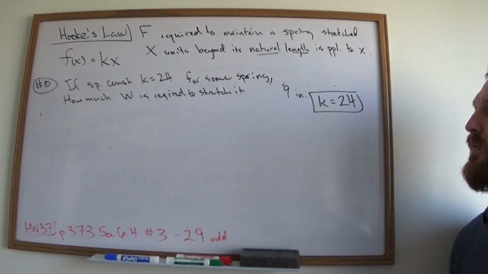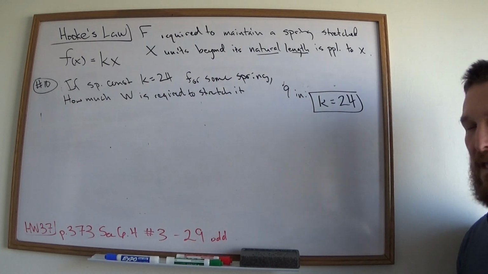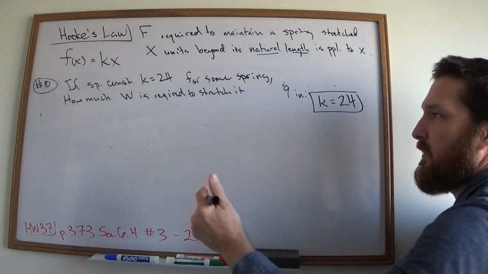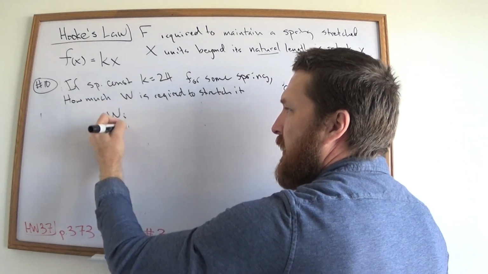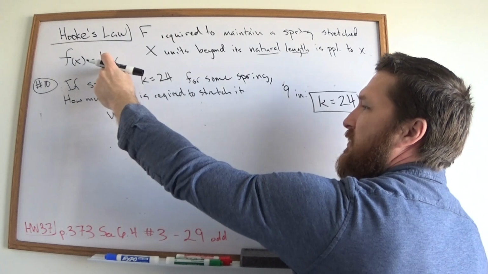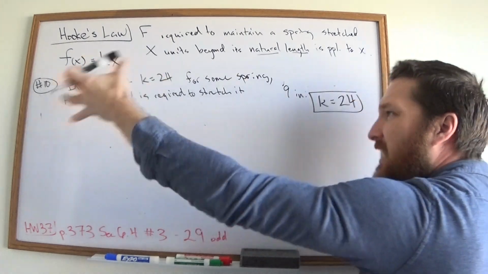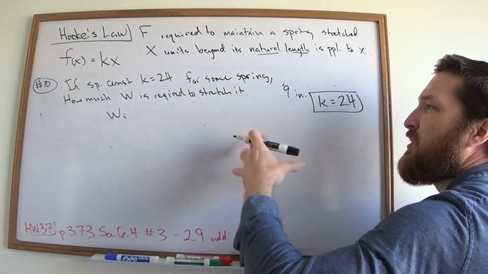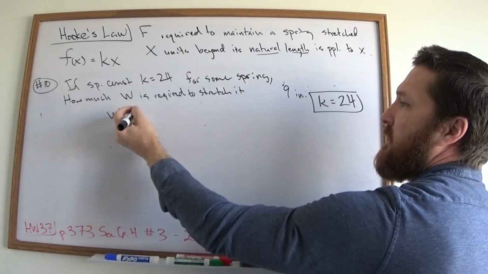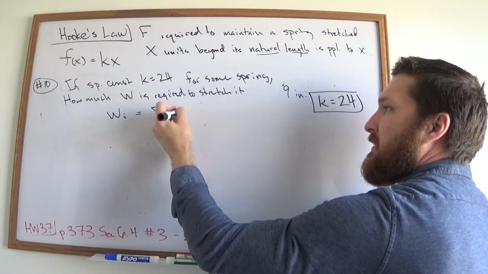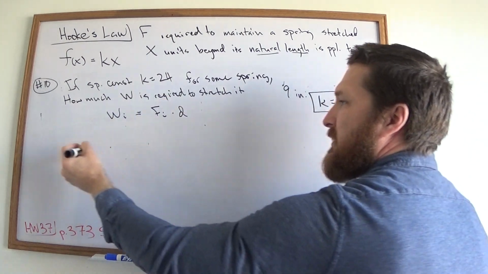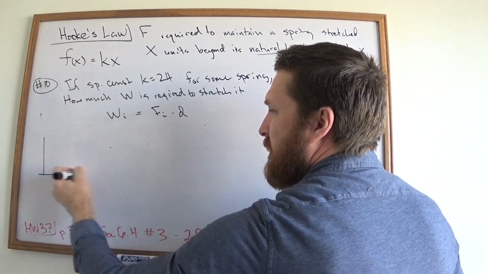But anyway, okay. So again, this is just work. We're going to add up all the little works because it's a spring constant. The force is not constant as you change. And so we're going to have to do some calculus and say, okay, the work is the force times the distance. And I love using pictures here.